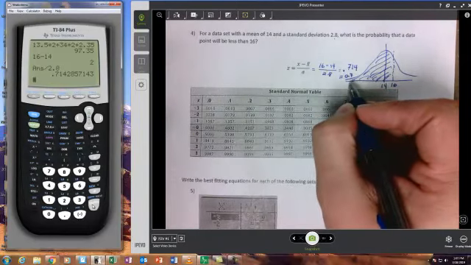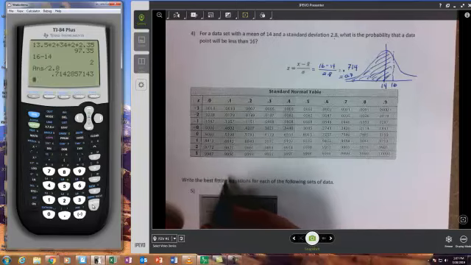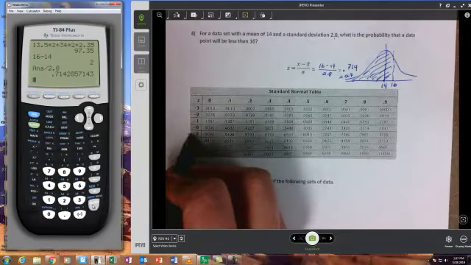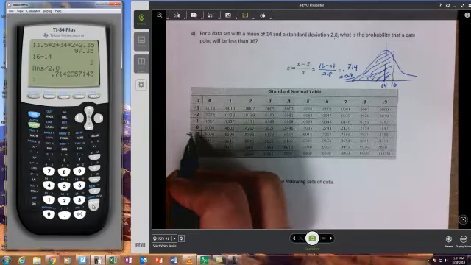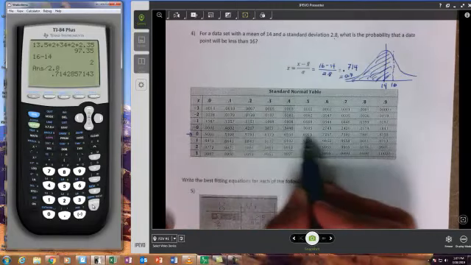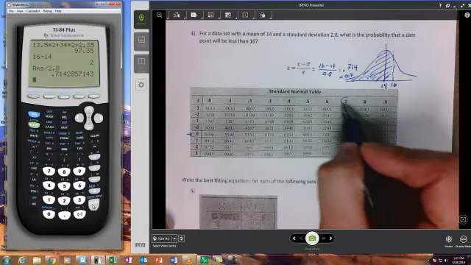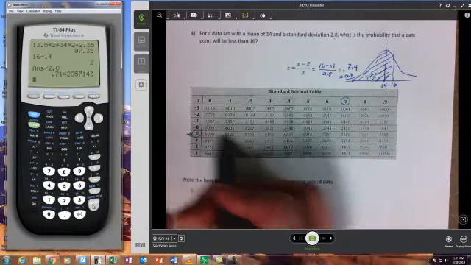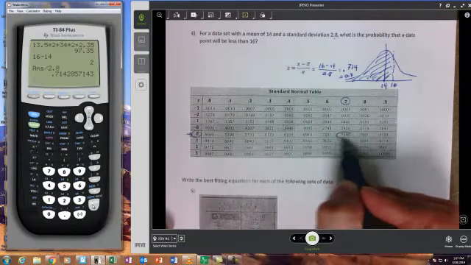This does not mean 70%. Okay? That means that is the number I need to find on this table. So I'm going to come to 0. Now notice, there's a positive 0 and a negative 0. Because I'm on the right, clearly my 0.7 is positive. I'm going to use this positive 0, and I'm going to slide over till I get to 0.7. So 0.7 lines up right here.